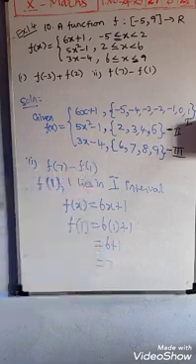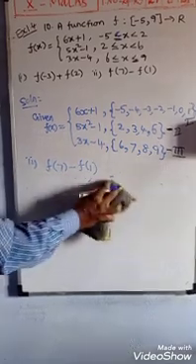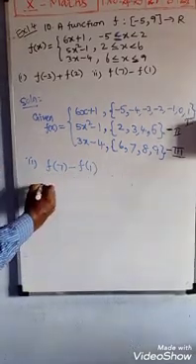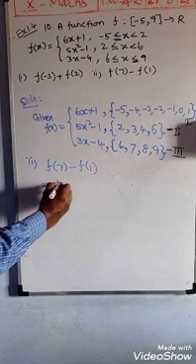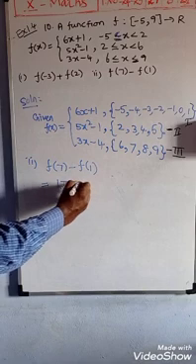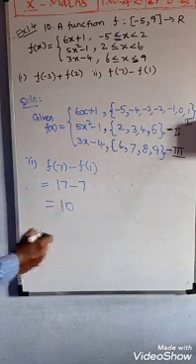So both answers we received. Therefore f of 7 we received as 17, minus f of 1 we received as 7. So 17 minus 7 gives the answer 10.